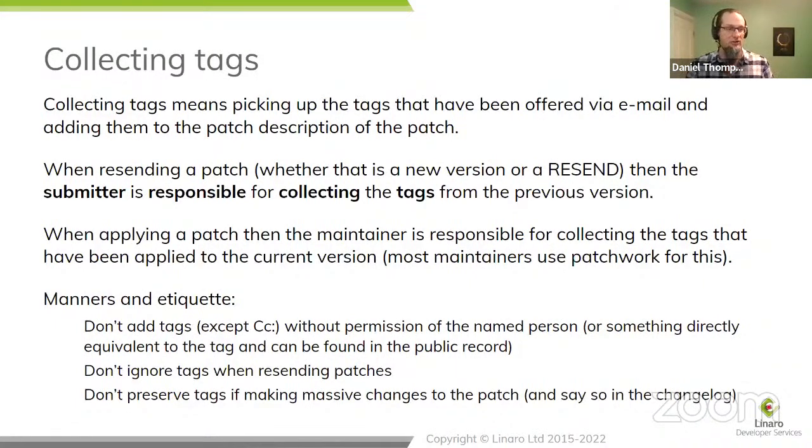And potentially, if you make changes that would invalidate previous testing, you should drop the tested-bys as well. However, you still need to credit the work that other people have done. So you should say that in the changelog: this patch is a huge rewrite of this, and I've had to drop the reviewed-bys from such and such because I've made too many changes to preserve them.